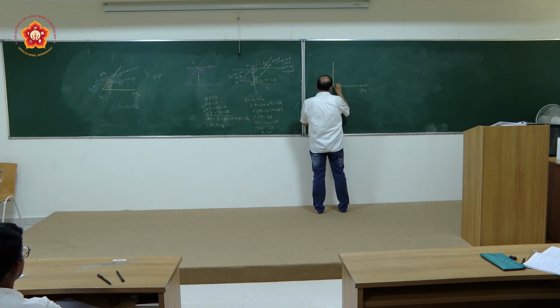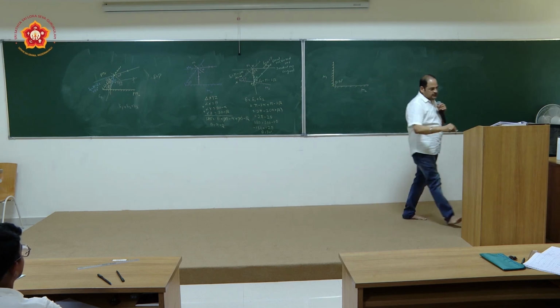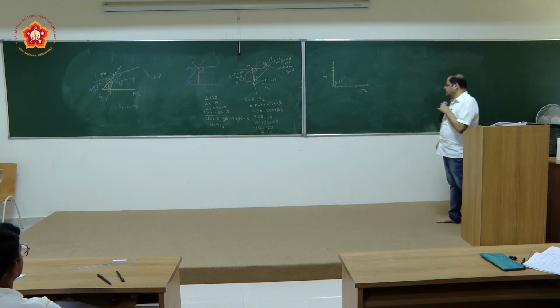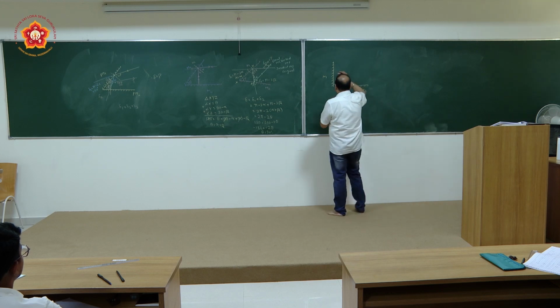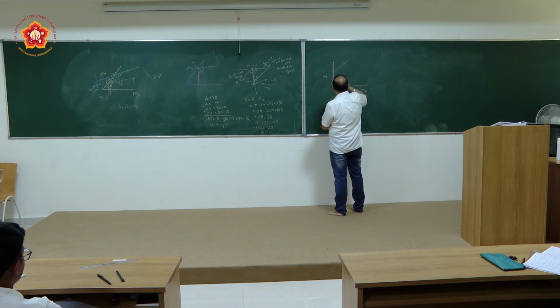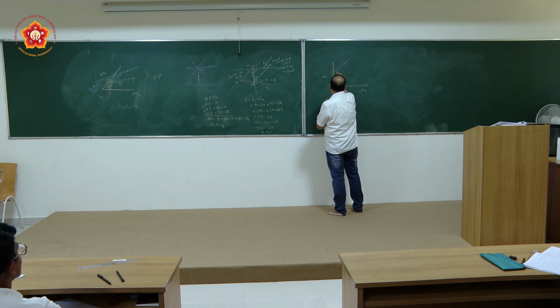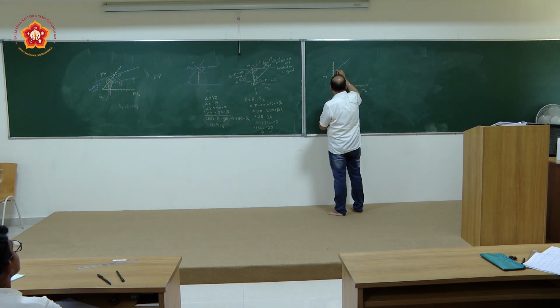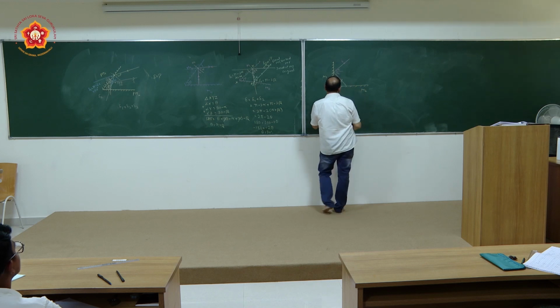The angle between the two plane mirrors, theta, is taken as equal to 90 degree, and a ray of light is incident along this direction. Then this will be a normal drawn. This is your angle of incidence alpha. From here, with the same angle of incidence, the ray will be traveling to this point. This is your angle of reflection alpha.